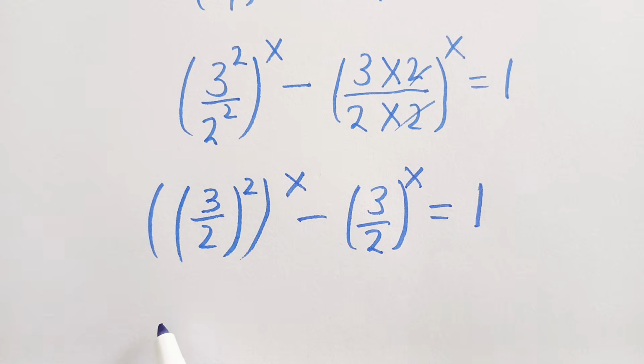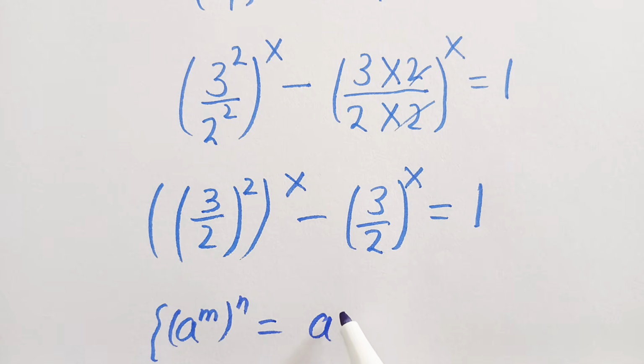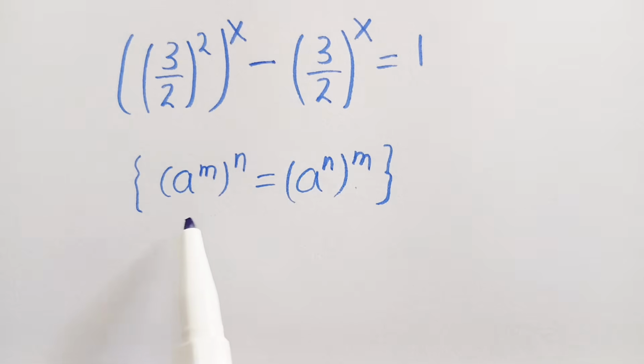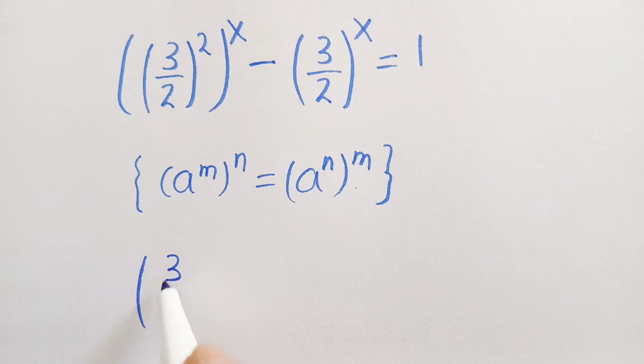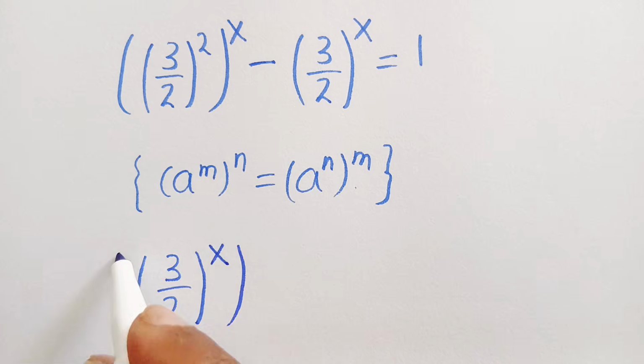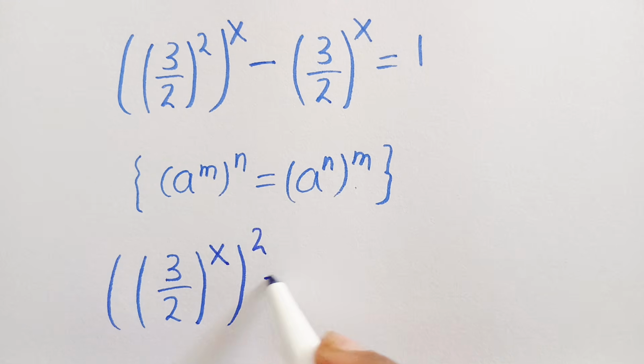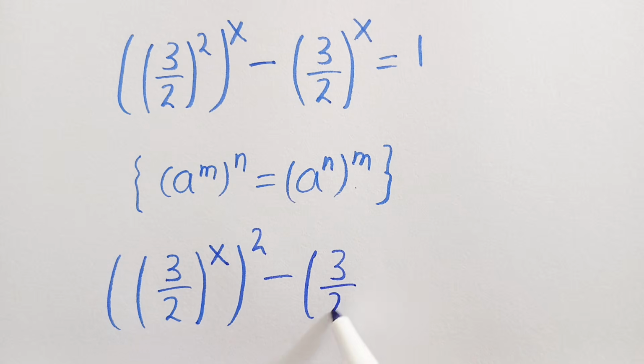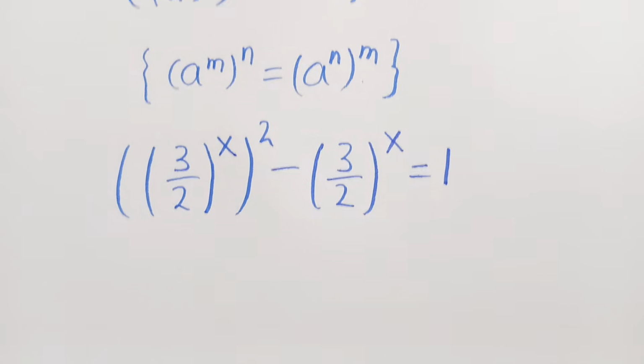Now, a power m whole power n, we can write this as a power n whole power m. Therefore, applying this rule on this, we have 3 by 2 whole power x whole to the power 2 minus 3 by 2 whole power x is equal to 1.